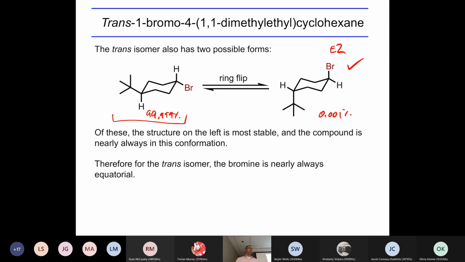But it's going to be a slow reaction. And that explains why that cis isomer reacts so much faster than the trans isomer. Trans, most of the time, puts the leaving group in the unreactive equatorial position, whereas the cis, almost all the time, puts the reactive leaving group in the reactive position, which is axial.